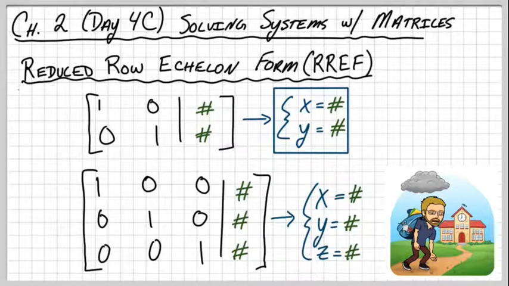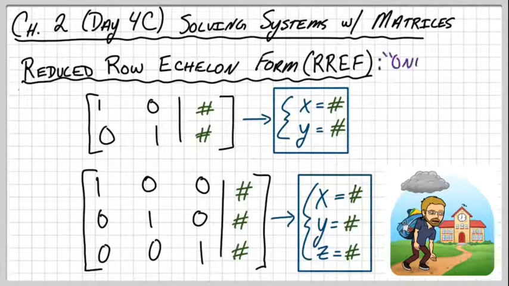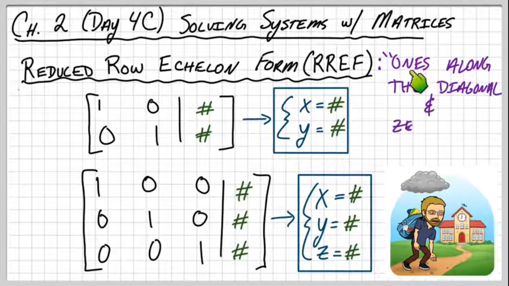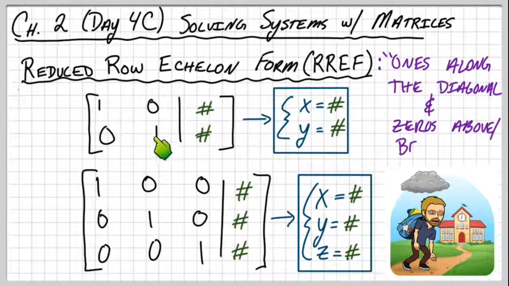So we've automatically got those answers as soon as we switch it to x, y, z form. So reduced row echelon form is a really powerful tool that we'll use. And to summarize, all we're looking for there is you have ones along the diagonal, right, in the coefficient part of the matrix, and then zeros above and below the ones.